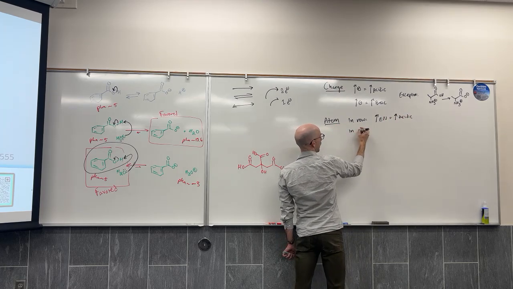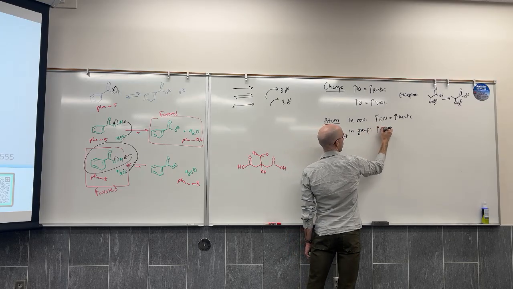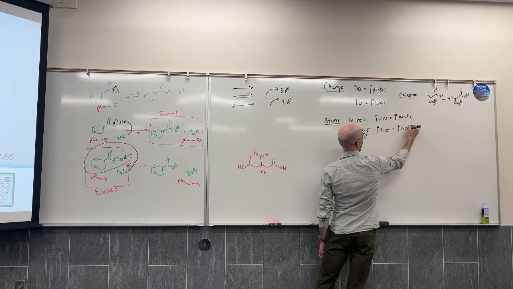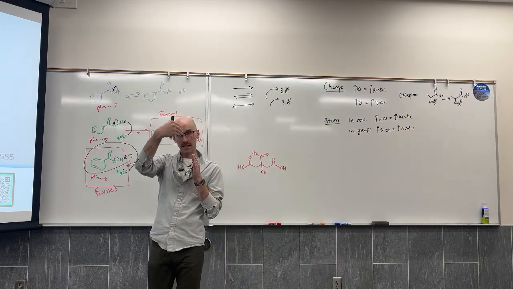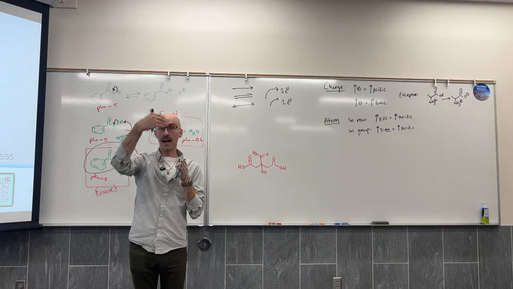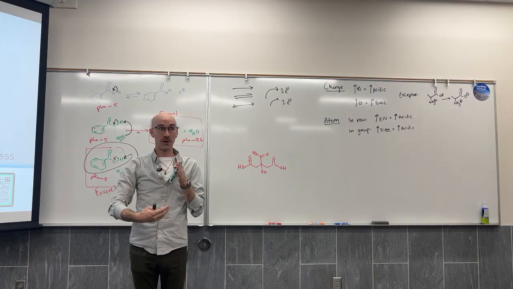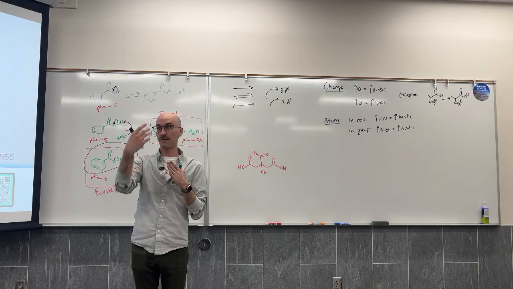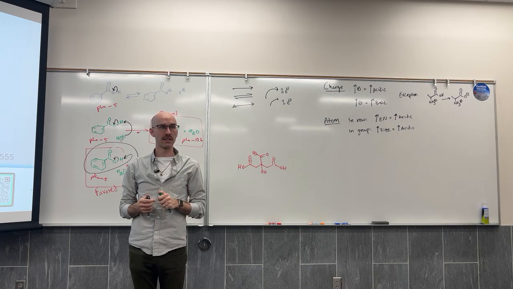But if those two atoms are in the same family, if they're in the same group, a larger size is more acidic. You guys remember that electronegativity climbs up a family. So in a family, it does not follow electronegativity. It follows size of the atom.